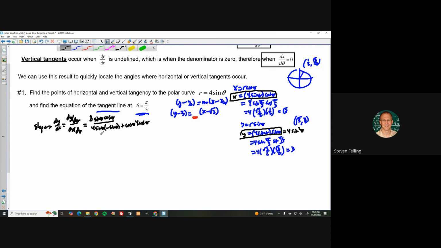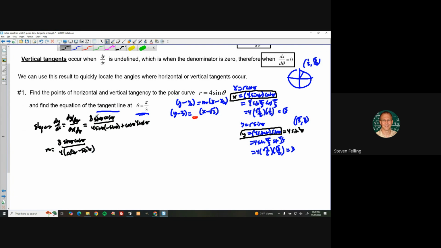Okay, so let's see. I can maybe simplify that a little bit. This slope is going to be 8 sine cosine. Now on the bottom, I'm going to take a 4 out. And then that's going to be cosine squared minus sine squared of theta.